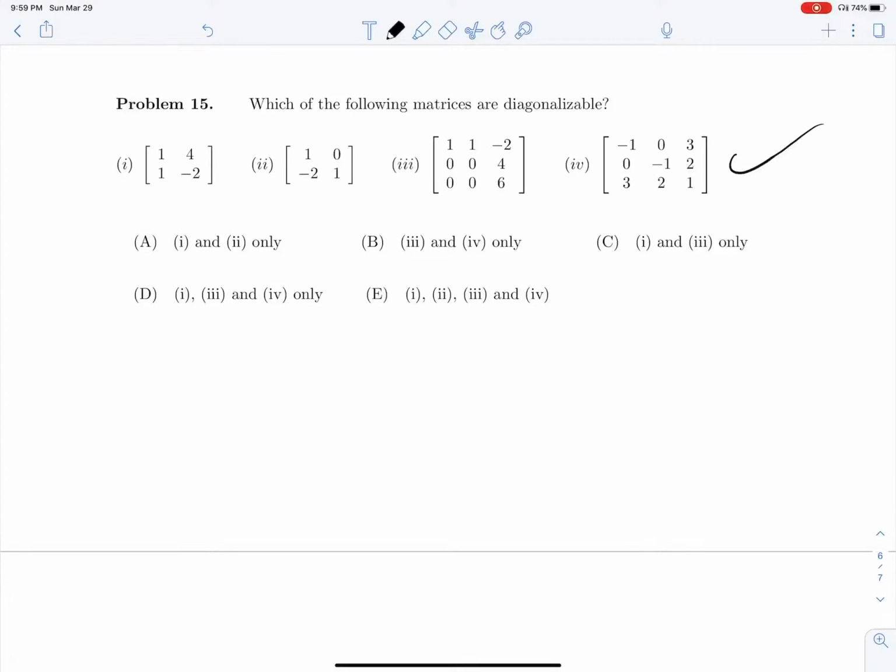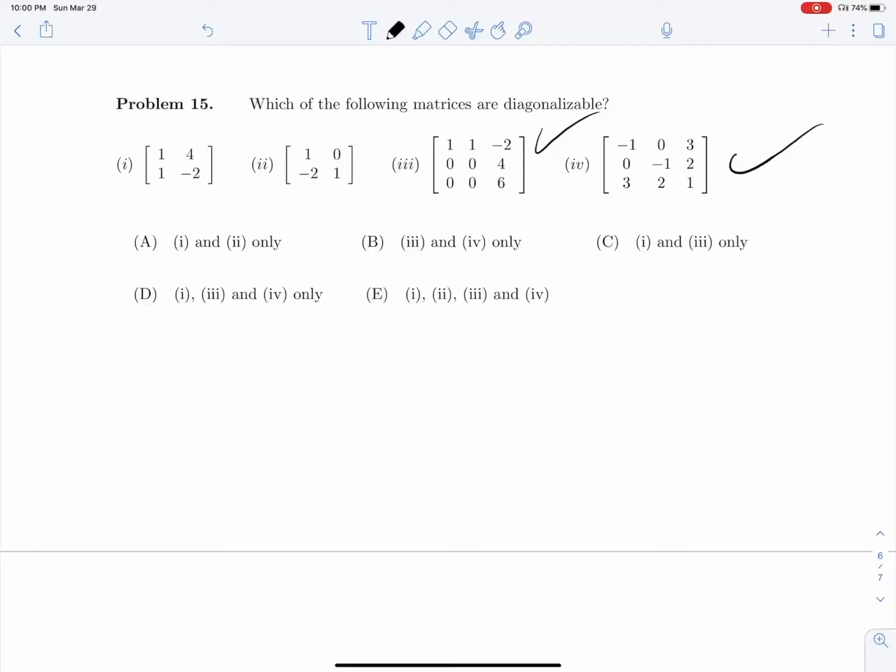If you take the transpose of this, you'll get exactly the same thing, and that's the definition of a matrix being symmetric. 3 is also diagonalizable because it is an upper triangular matrix with 3 distinct eigenvalues down the main diagonal. If both of those facts are true, then our matrix is diagonalizable.